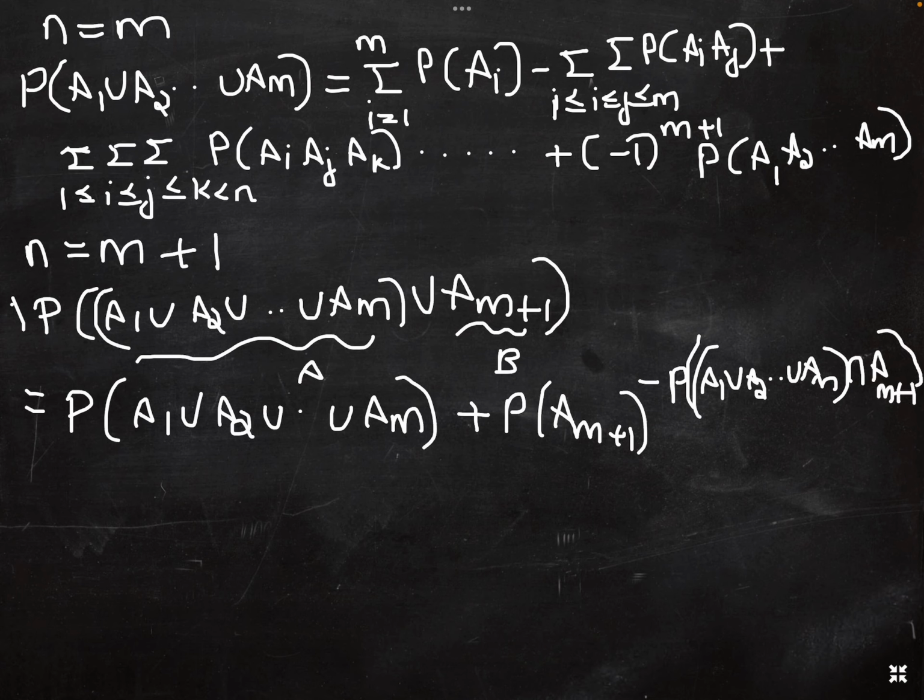P of A union B is equal to P of A plus P of B minus P of A intersection B.